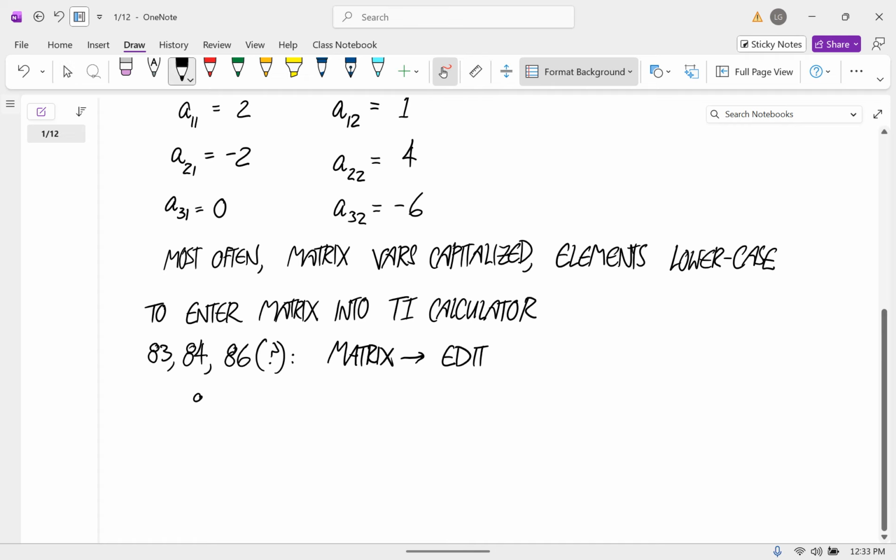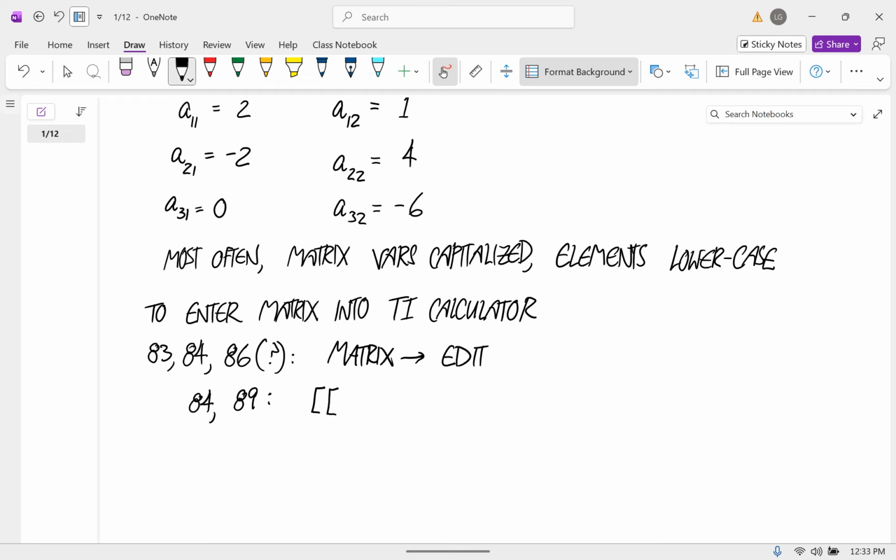The 84 gives you a couple of options, and if you're using a TI-89, you can enter a matrix this way: a square bracket to start and end the matrix, and then square brackets for each row. You do the rows individually, and you can separate the elements with commas or spaces, I think. So start the matrix.